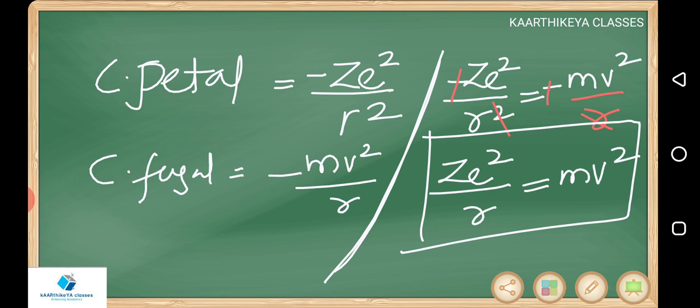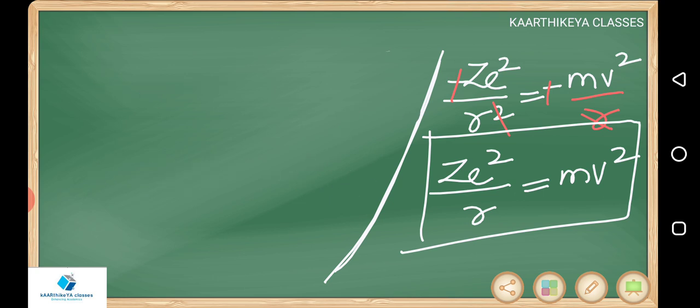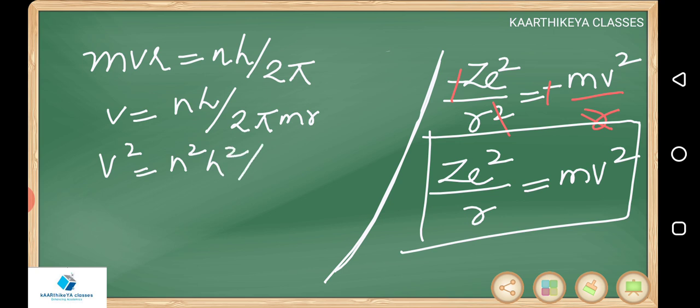Here I am going to show you the angular momentum of the electron formula: m v r is equal to n h by 2 pi. So v is equal to n h by 2 pi m r, or v square is equal to n square h square by 4 pi square m square r square.